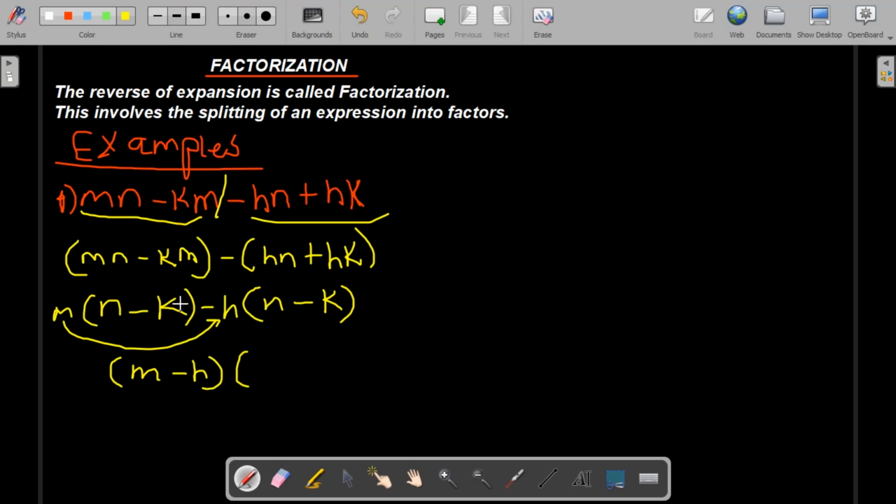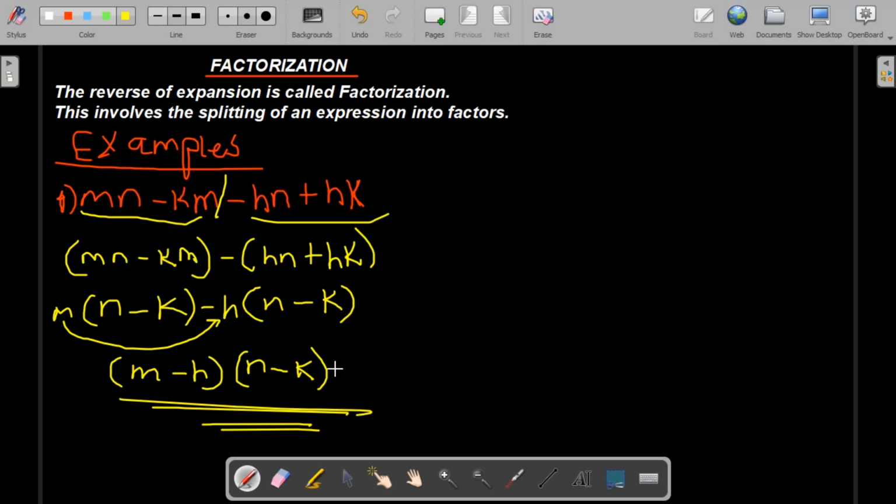We can choose 1 in the bracket, which is n minus k in the other brackets. This is the final answer if they have told us to factorize. So this is an expression we have factorized by splitting an expression into factors. We have split this expression into 2 factors. That's what we have done.